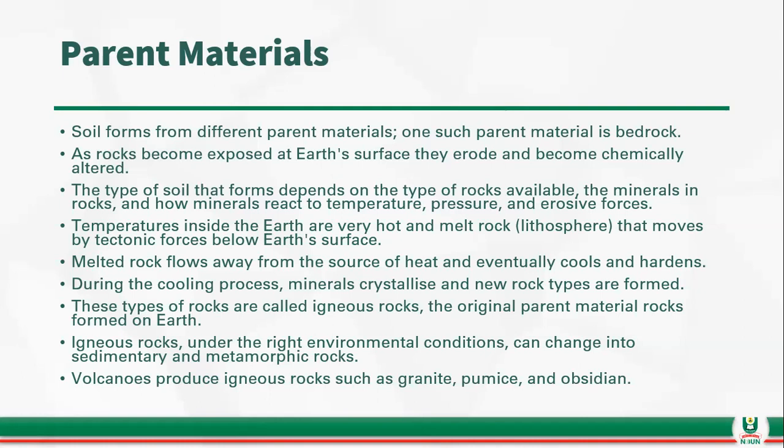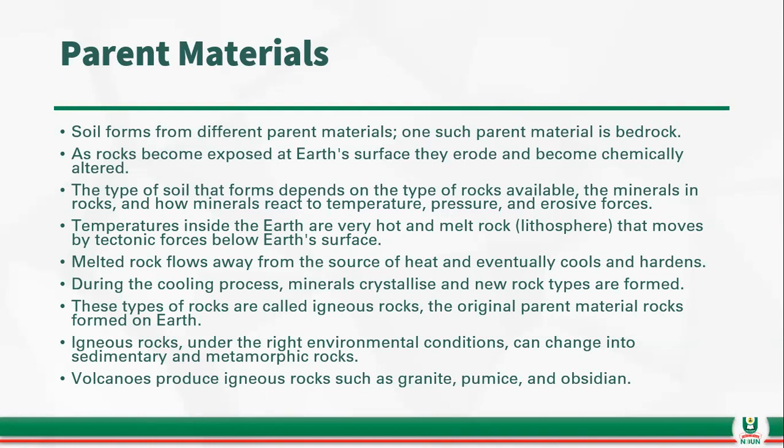Now, temperatures inside the earth are very hot and they melt rocks of the lithosphere, which moves by tectonic forces below the earth's surface. Melted rocks will flow away from the sources of heat and eventually cool and harden. During the cooling process, the minerals crystallize and new rock types begin to form.